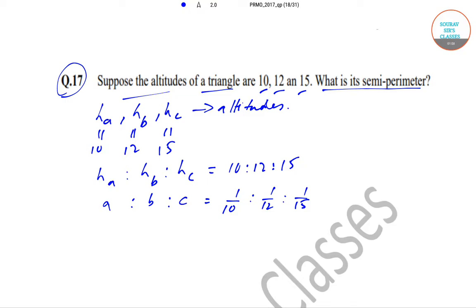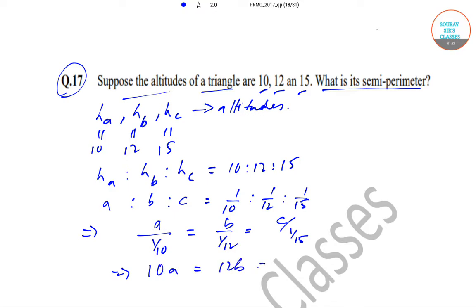Now this entire thing can be written as A by 1/10 is equal to B by 1/12 is equal to C by 1/15. So this can be written as 10A is equal to 12B is equal to 15C.